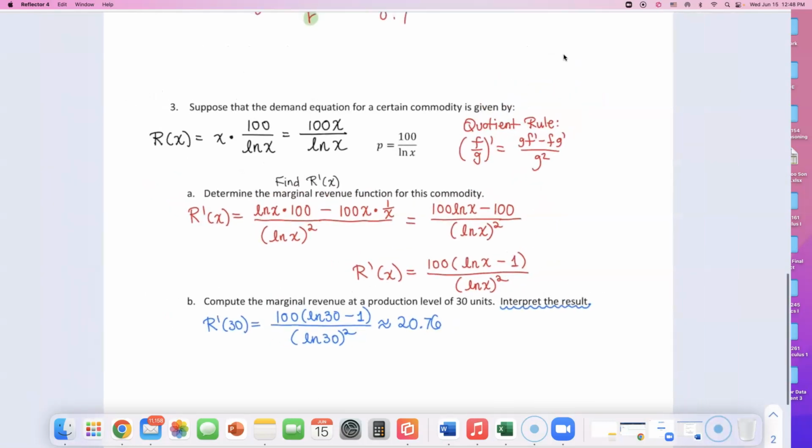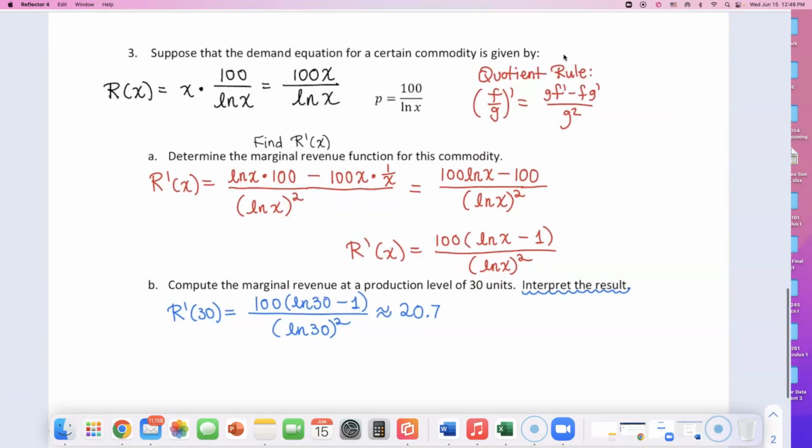So once 30 units have been, what's going on in this situation? What does x stand for? Produced, not sold, but produced.